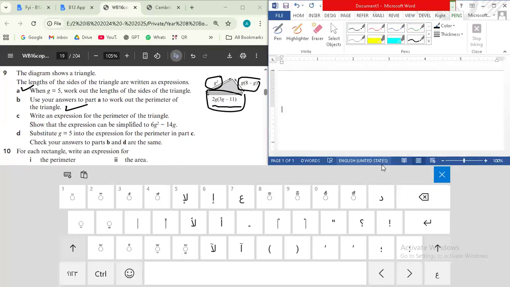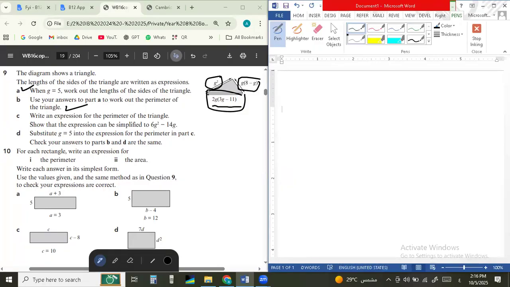They want an expression for the perimeter. So I'm going to say to them here, g squared plus g multiplied by, the problem, I'm going to write the g capital. I don't want it to get confused between the g and the 9.